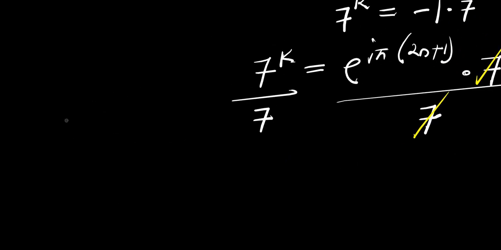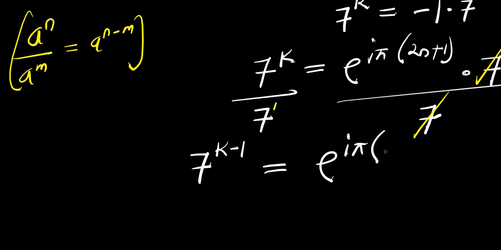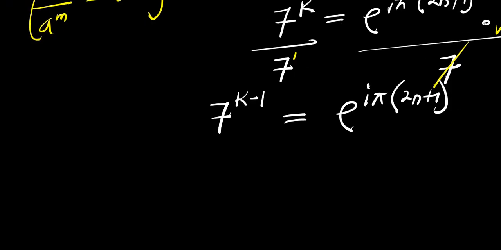Also, if you have a to the power of n divided by a to the power of n, this equals a power n minus n. So this is to the power of 1. We can easily have 7 power k minus 1 equals e power i times pi times 2n plus 1. Right now what we are going to do will be to apply natural log.